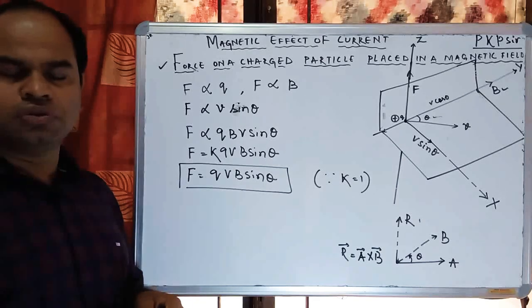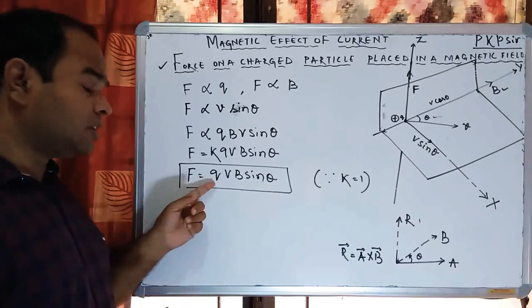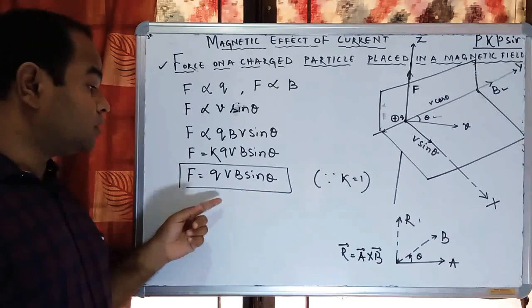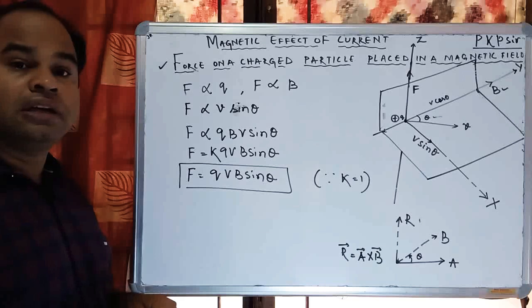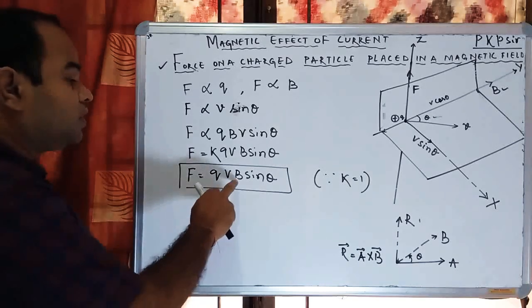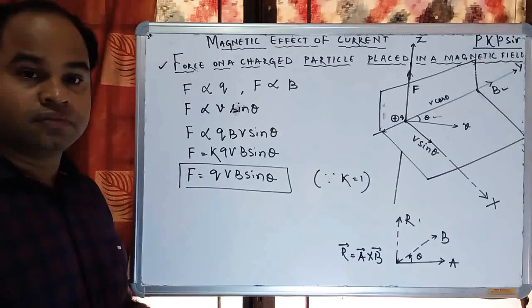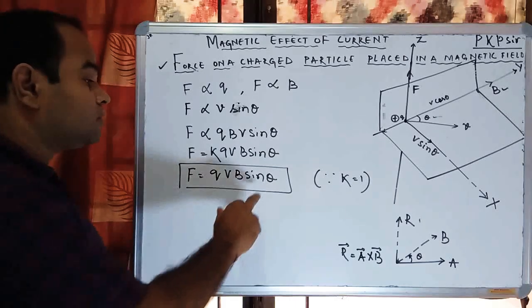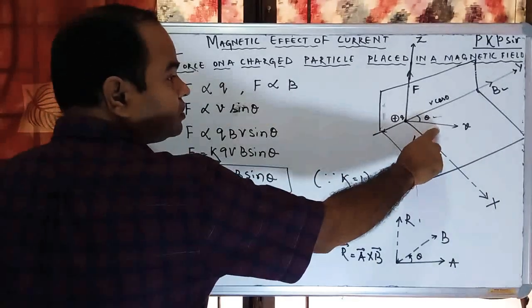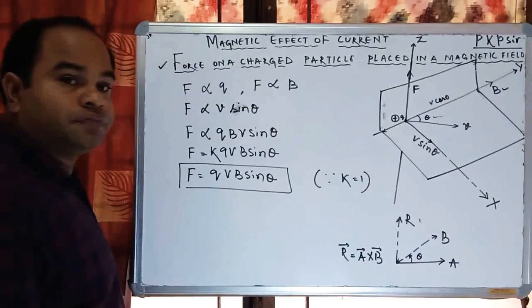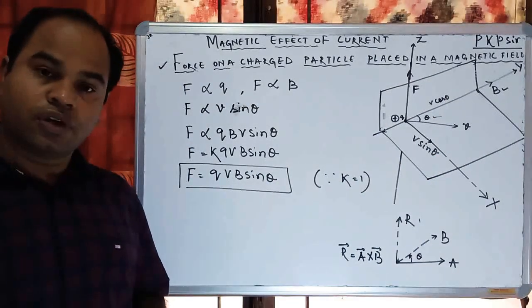This magnetic force depends on the magnitude of charge. It also depends on the velocity of the charge. It also depends on the magnitude of magnetic field. It also depends on the angle between the velocity and the magnetic field. Okay.